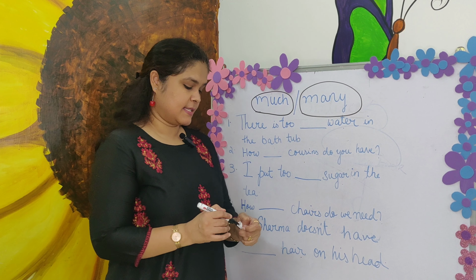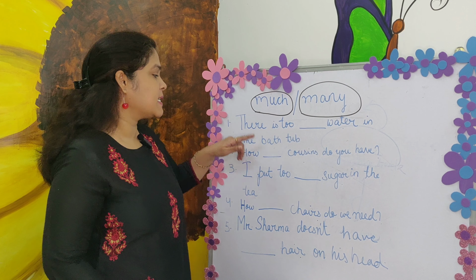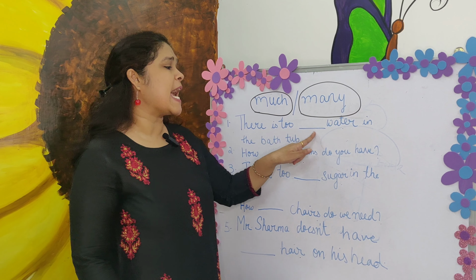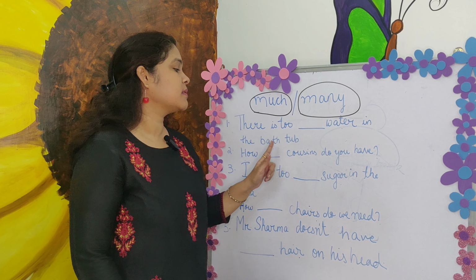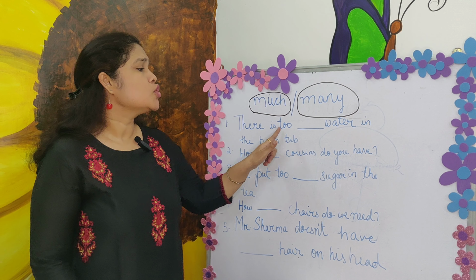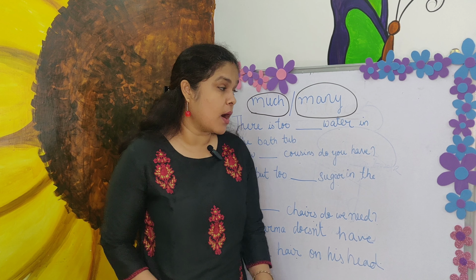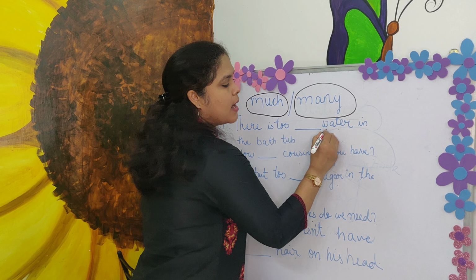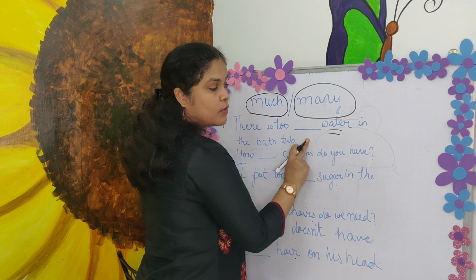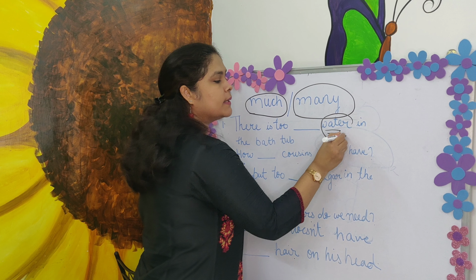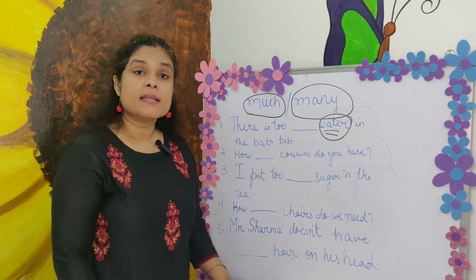Let us discuss that. The first one reads, there is 2 dash water in the bathtub. Now look at this noun. It's placed before the noun, right? Water. Water is uncountable.